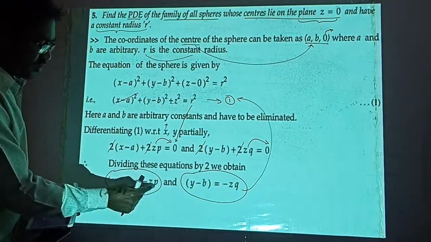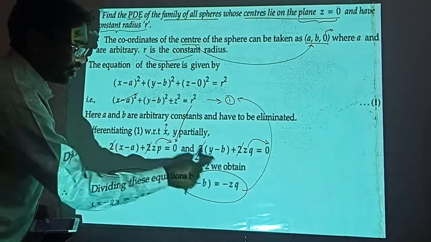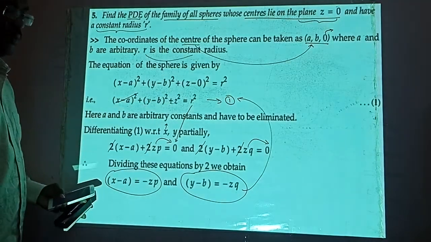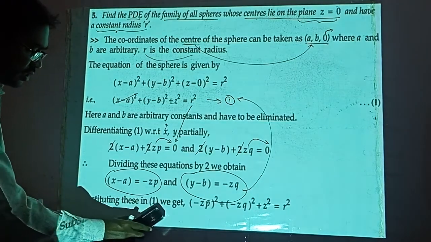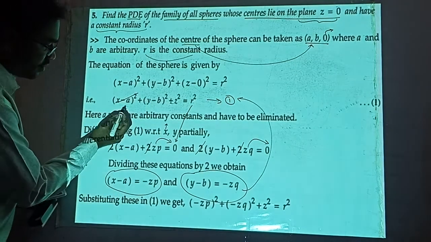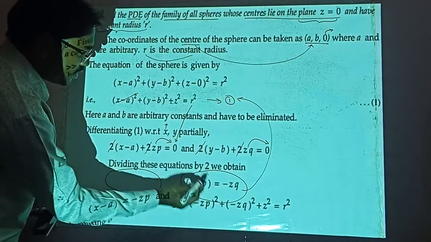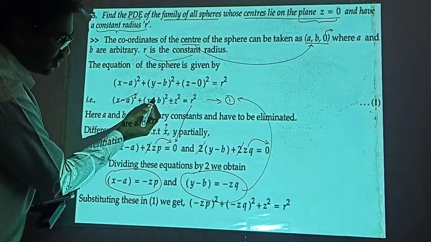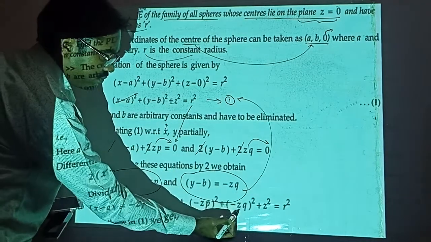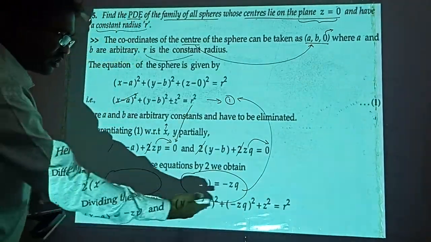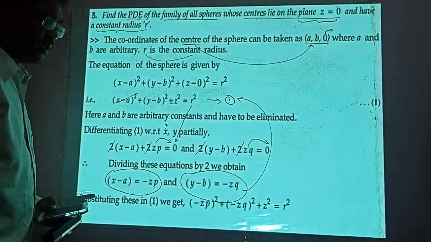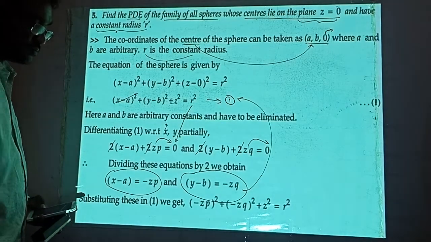So we can put here (minus zp) whole square plus (minus zq) whole square, and a and b will get eliminated. Substituting these in equation 1, we get (minus zp) whole square plus (minus zq) whole square plus z square is equal to r square. See, there are no a and b. It is completely independent of arbitrary constants.